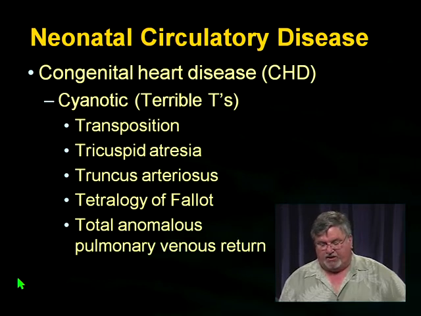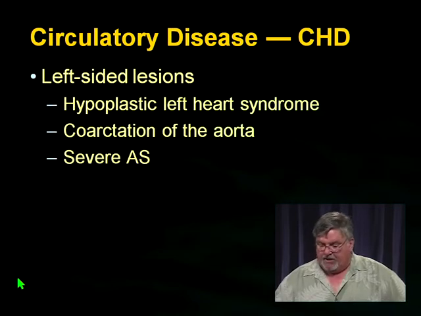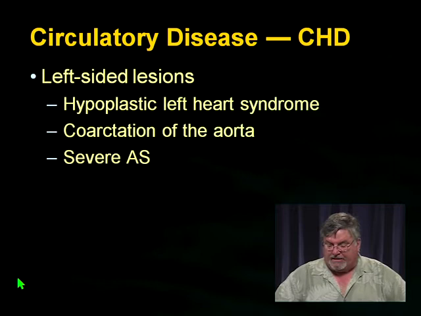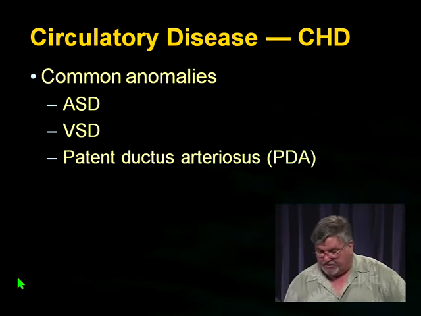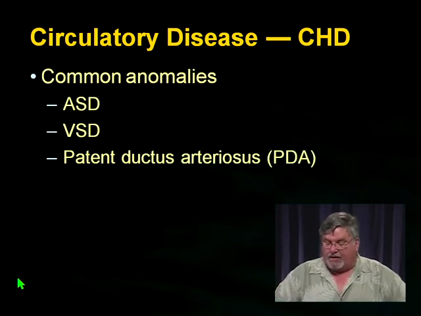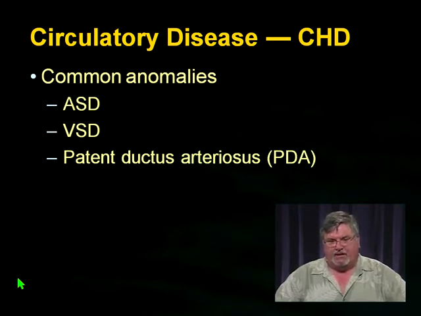So you need to know that those are the 5 things that are associated with cyanotic heart disease. The 3 bad left-sided heart lesions are hypoplastic left heart, coarctation of the aorta, and severe aortic stenosis. The more common anomalies are ASDs, VSDs, and patent ductuses. And again, depending on when you ask the question, everybody's got a patent ductus.